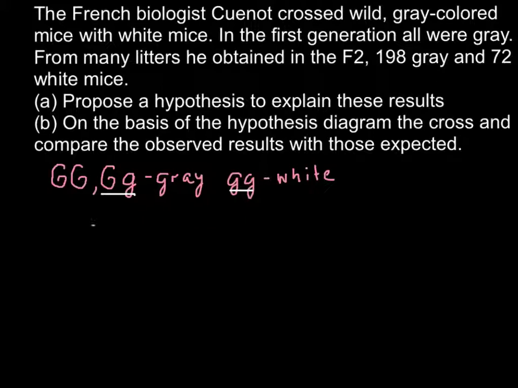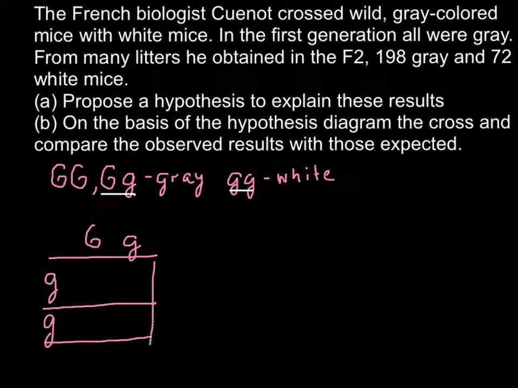So capital G and small g on top for the gray mice, and small g on the side for the white colored mice. And here would be the result of such a cross. So here we would have capital G, small g here, capital G, small g here, and small g, small g here.